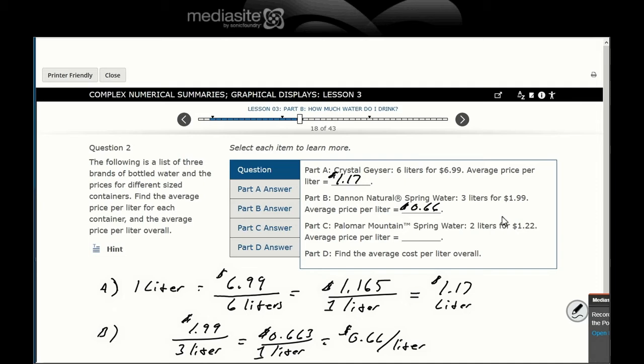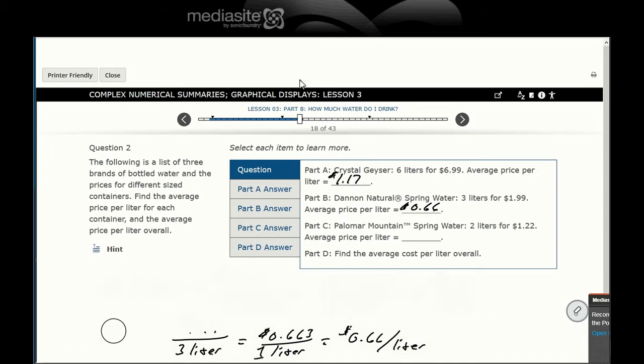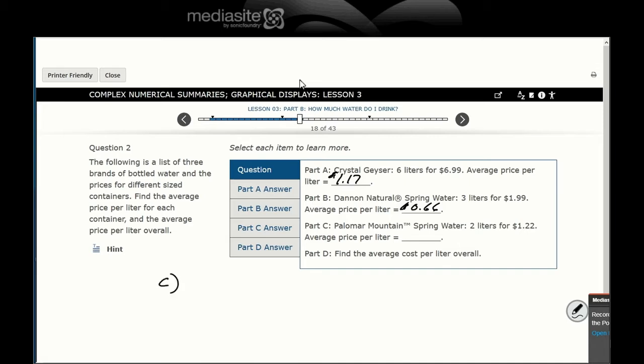Part C. Price is $1.22 for 2 liters, which is $0.61 for 1 liter.